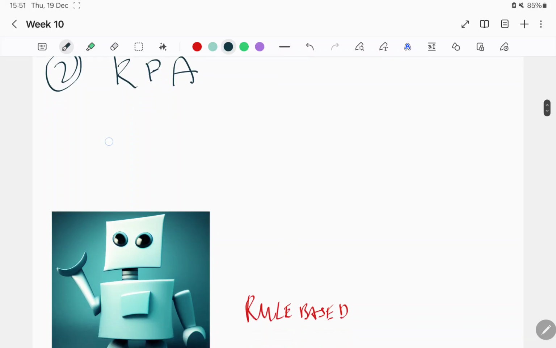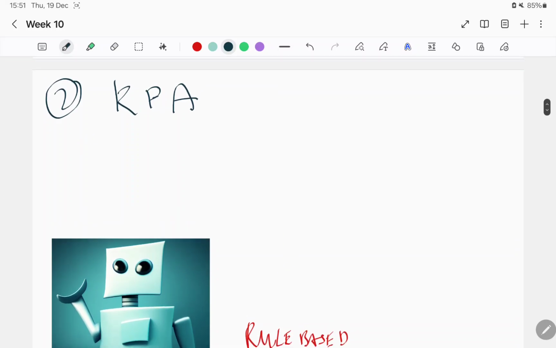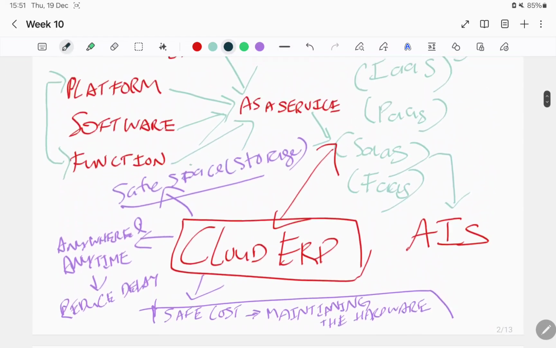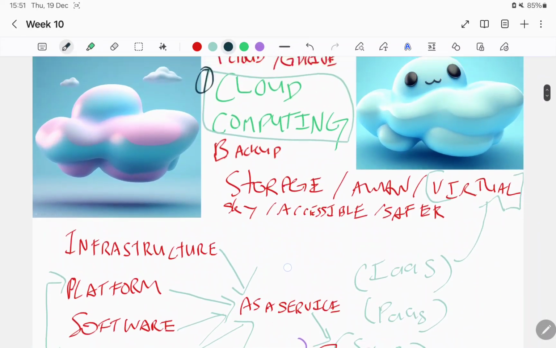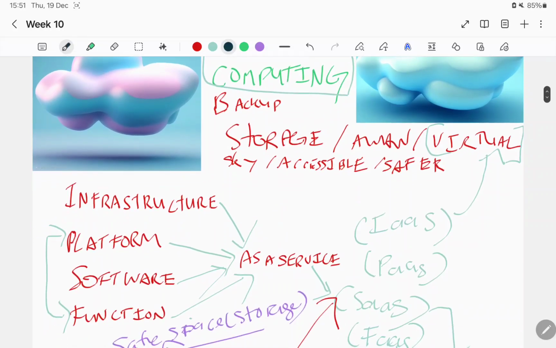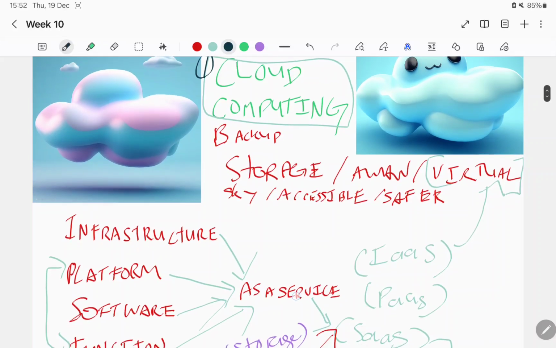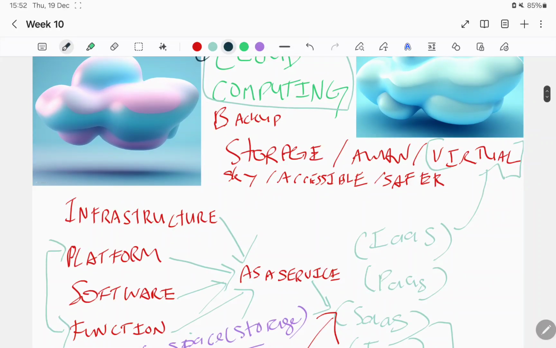Before we go to this robotic process automation, there is some history. The history of the cloud is basically from installed systems to the cloud, right?